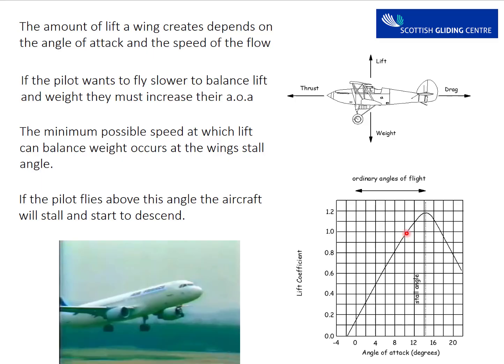And as we fly slower and slower and gradually increase our angle of attack, we have to be careful that we don't exceed the stall angle and therefore have flow separate. And the minimum possible speed at which we can fly an aircraft occurs at the stall angle.